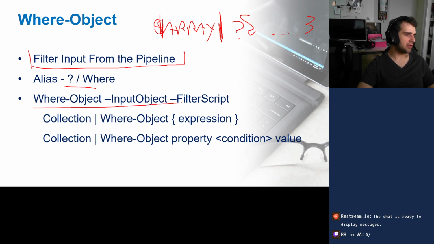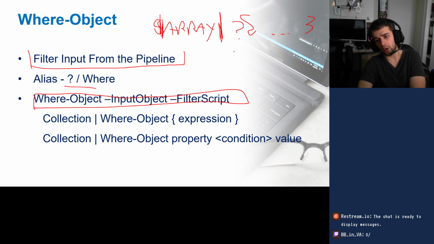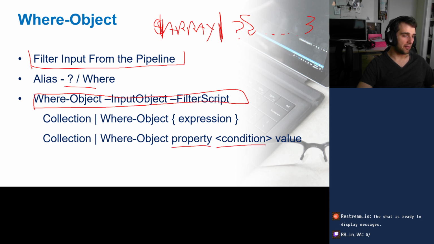Essentially, you have multiple ways of performing your condition. So your expression. You can have a traditional script block, which is what most people follow, even though it's PowerShell 5, it's pretty much changed. You can pretty much just say, Where-Object property condition value. So you can have your property name or your object property, your condition and your value. So your property could be like $_.name and then equal, so -eq 1.